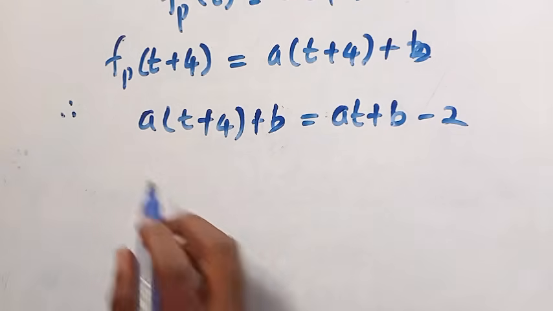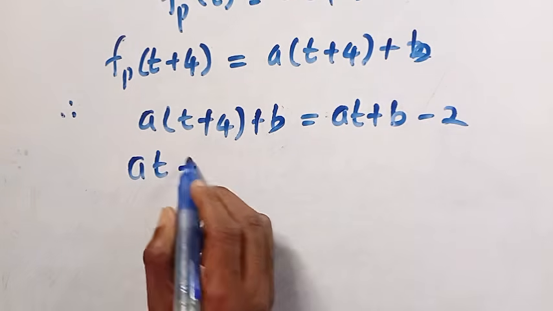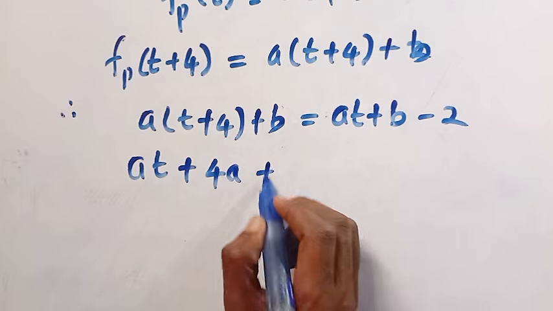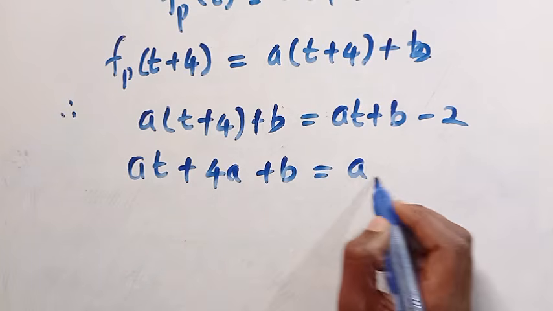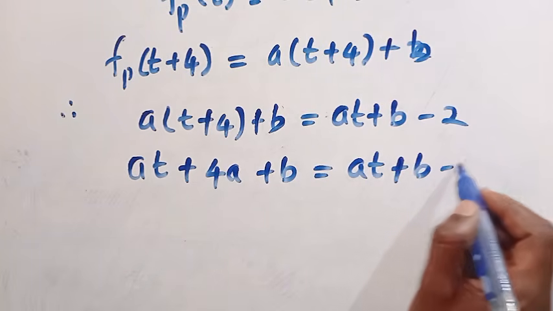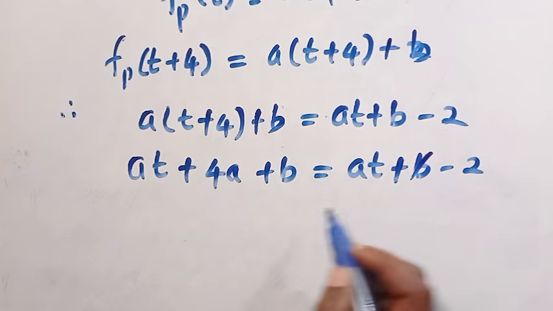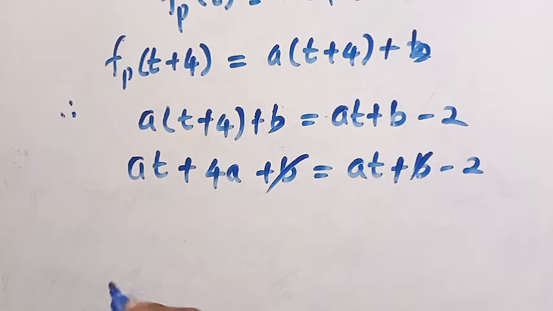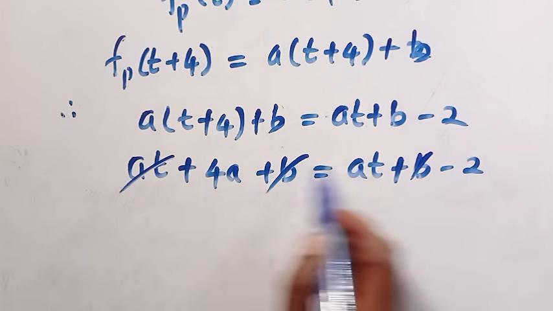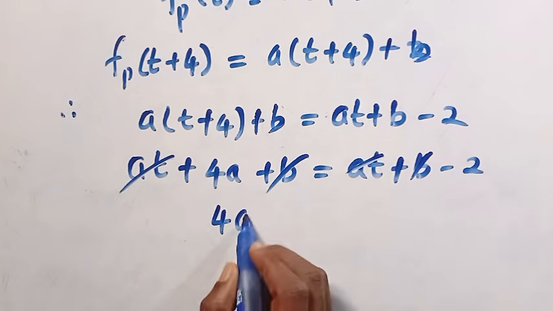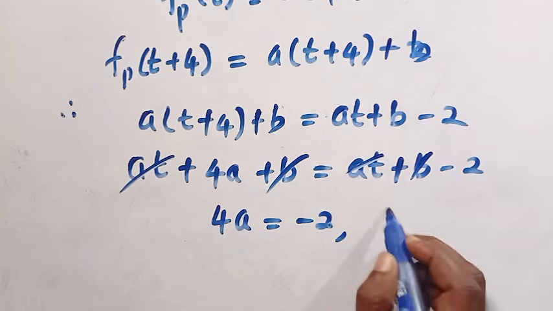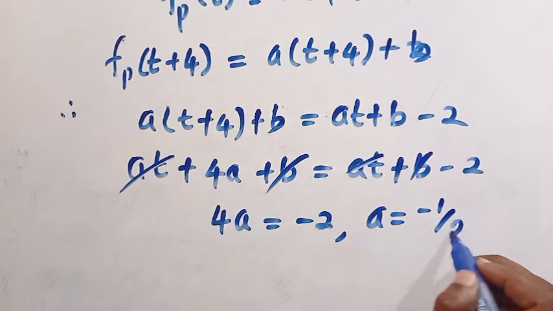So we try and expand it out. We have at plus 4a plus b equals at plus b minus 2. b is an arbitrary constant here, so this is cancelled. Then we have at also cancelled. We need to get a. So 4a equals minus 2, and a equals minus 1 divided by 2.